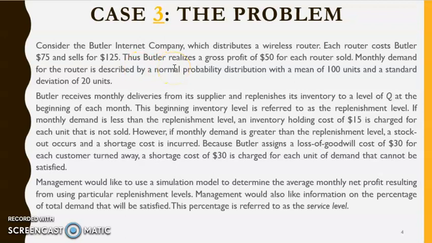Thus, Butler realizes a gross profit of $50 for each router sold.